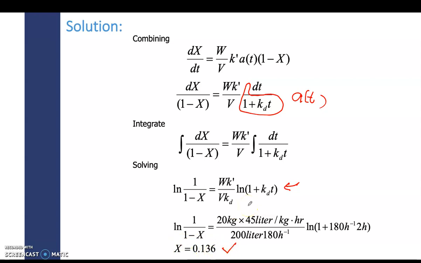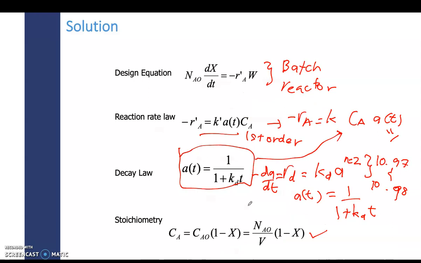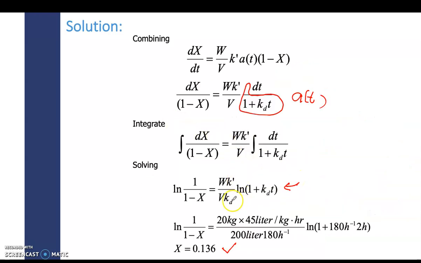So if you look here just now, Kd also follows the Arrhenius equation. This is the equation you can find if you want to find different Kd at different T; you use the Arrhenius equation in your textbook.